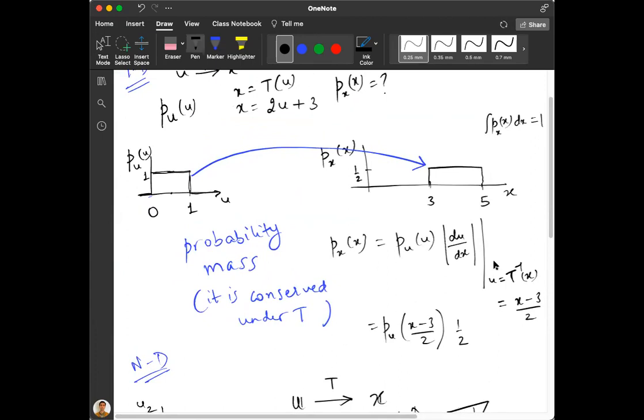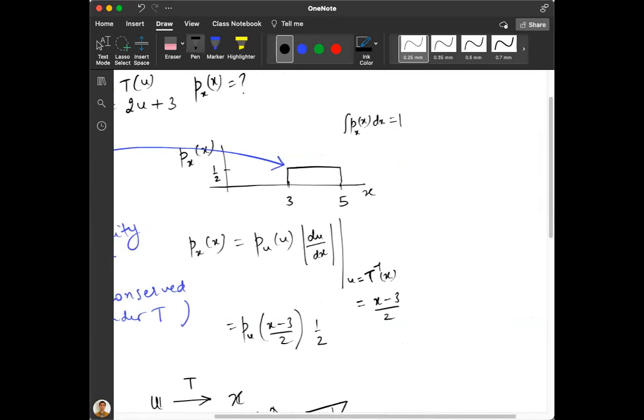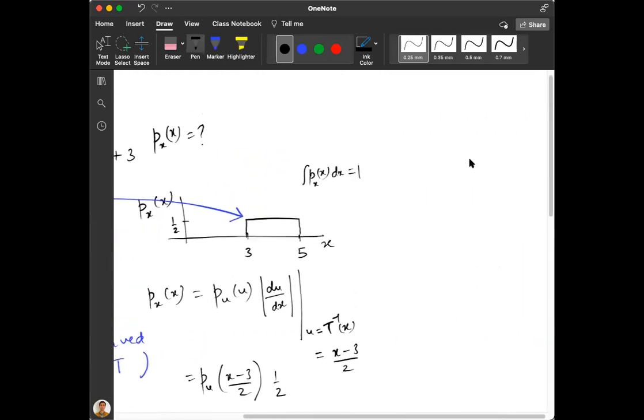If T is not invertible, then what will happen? You have seen this in the past, in the previous lecture. Maybe you need a figure to recall. Let's say my T is something like this.